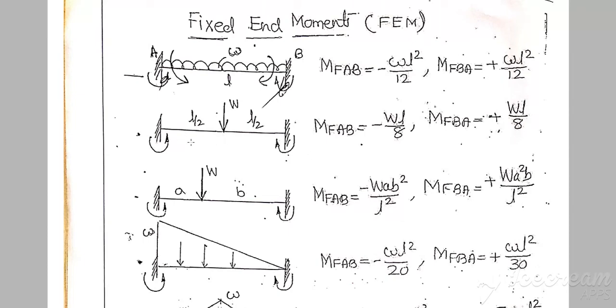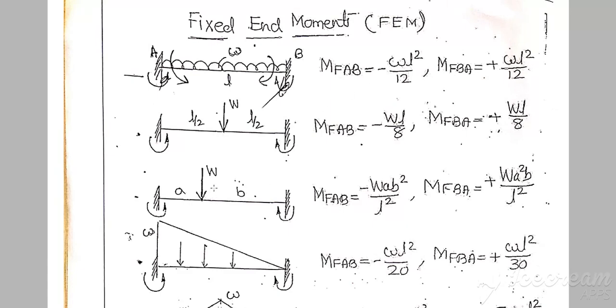Here the span length is L, and the point load is applied at the exact center, so this length is L by 2. But you should remember this formula. If the point load is at the exact center, the formula is minus WL by 8 for fixed end moment AB, and plus WL by 8 for fixed end moment BA.